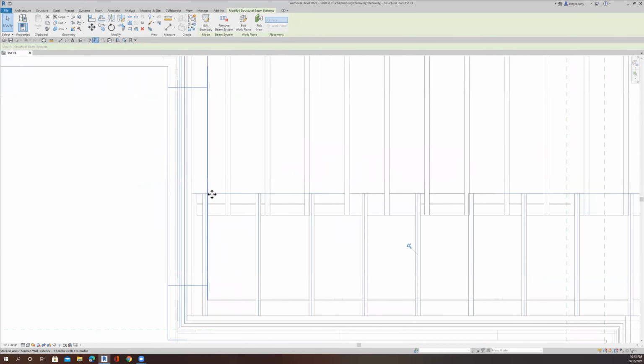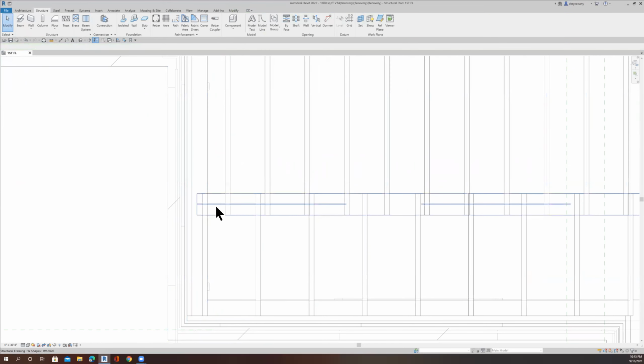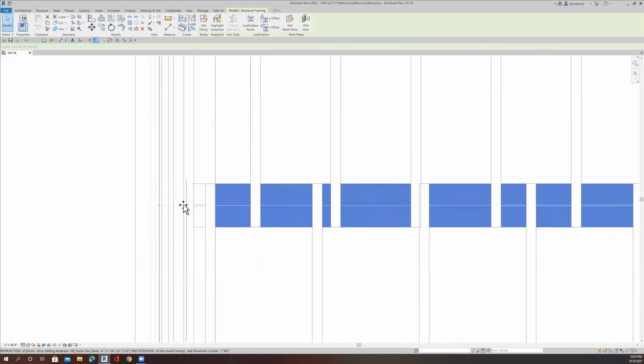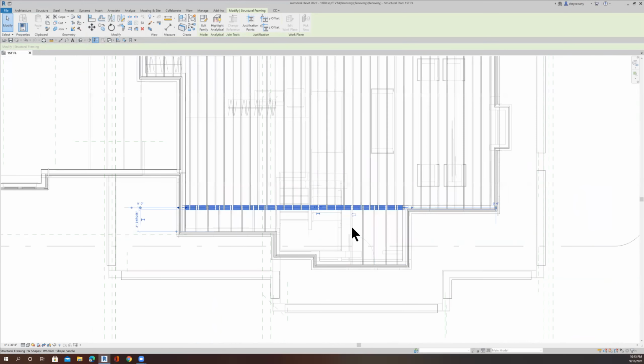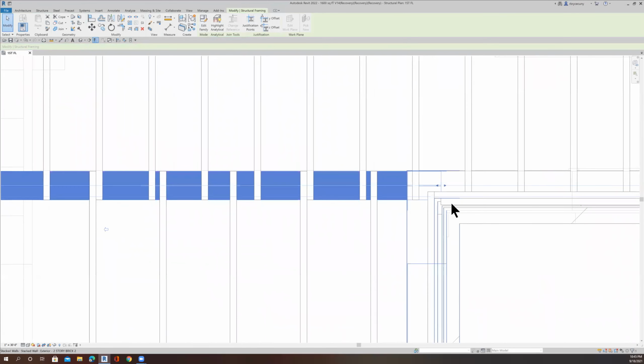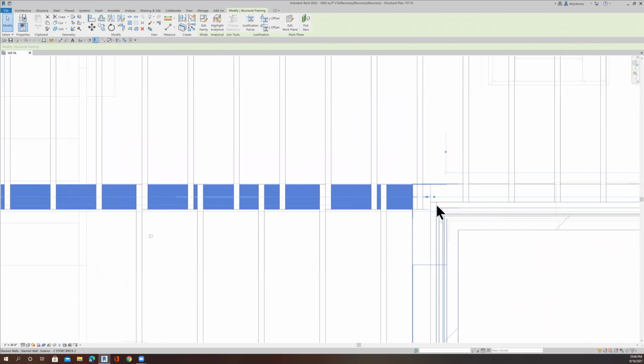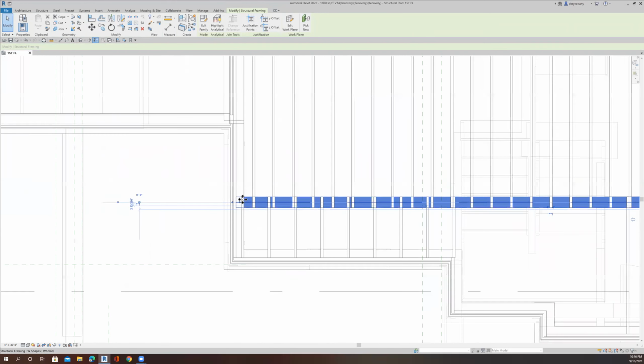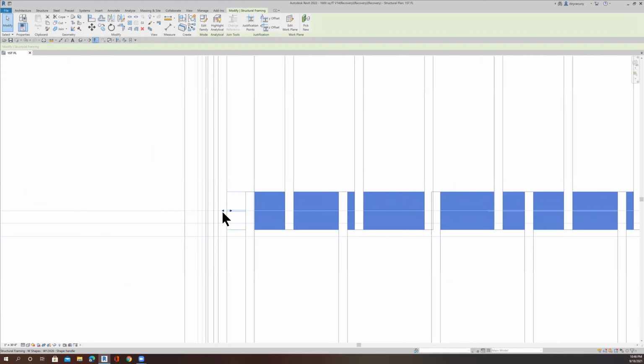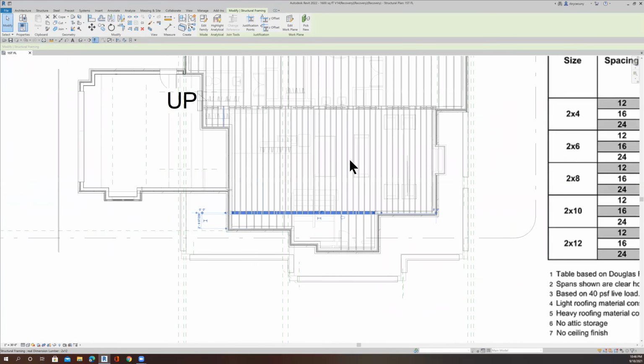And then I saw this beam didn't quite go far enough, so I'll grab that beam and drag him over just a little farther. Okay, and he's a little bit too far, maybe. Might go underneath. Let's put it underneath the rim joist instead of stopping it at the rim joist. All right, I like that.